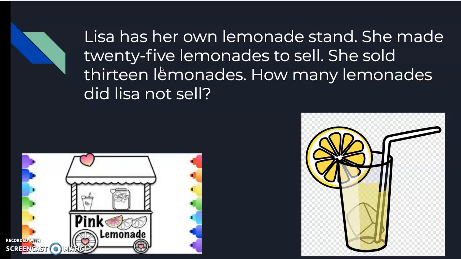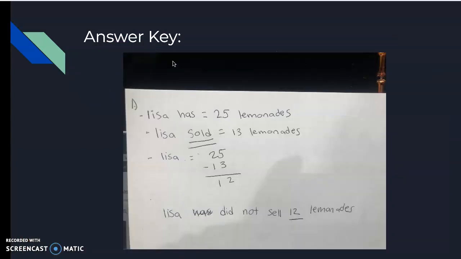So in this math problem, the student has a lemonade stand. She has 25 lemonades to sell. She sold 13, and how many did she not sell? As I mentioned before, his comprehension level was pretty good. He was able to write this out and solve it on the next slide.